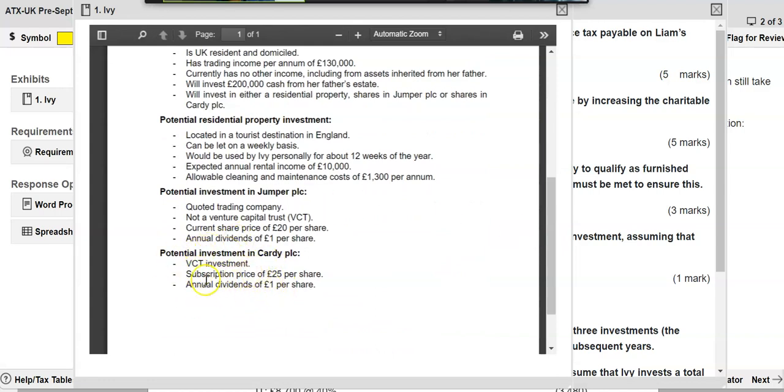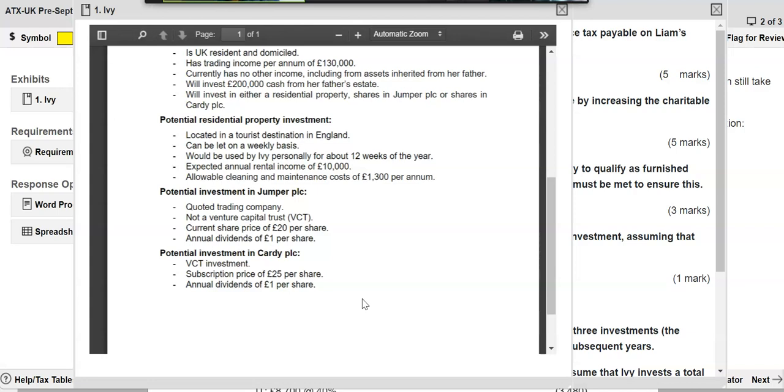VCT investment, subscription price of £25 per share, annual dividend of £1 per share. So she is considering investing £200,000. So £200,000 divided by 25 would give us the number of shares she is getting in the VCT, right? And on the number of shares, she will be getting a dividend of £1 per share.